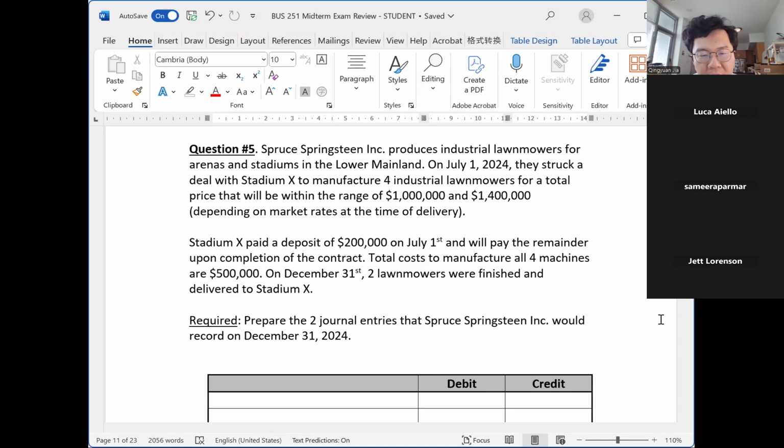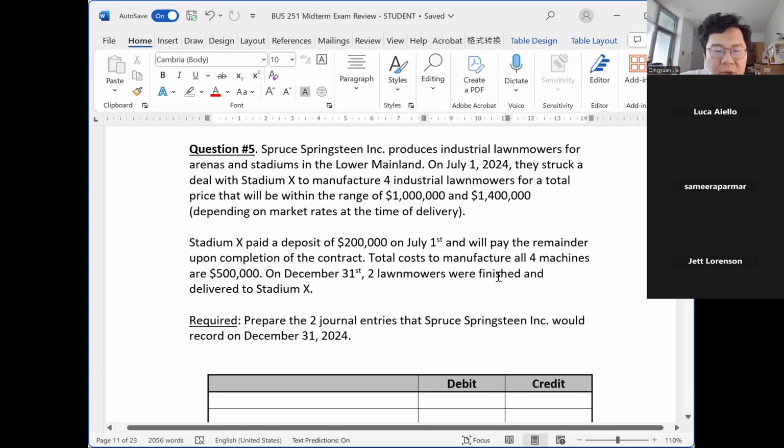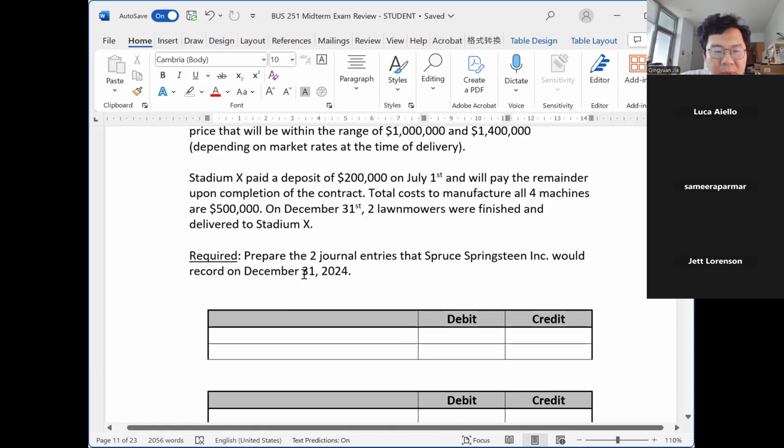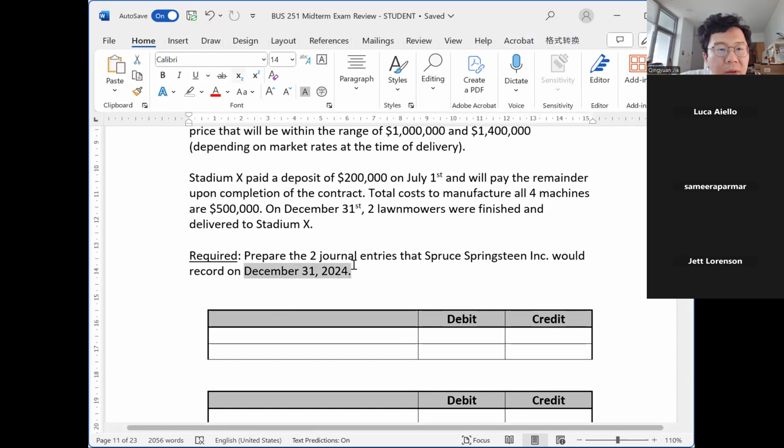On December 31, two lawn mowers were finished and delivered to Stadium X, and we are required to prepare the two journal entries this company would record on December 31, 2024. So the date will be useful.